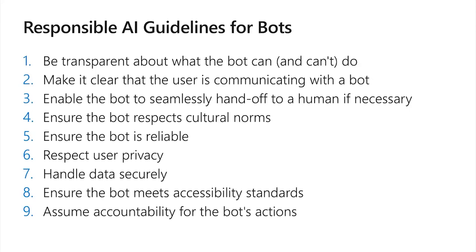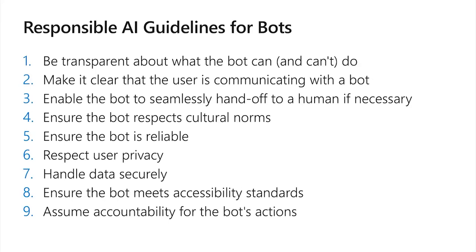Respect user privacy. One way to do this is to inform users upfront about the data that you collect and how it is used, and you can obtain their consent beforehand. Number 7 is handle data securely, because users have every right to expect that their data will be handled securely.